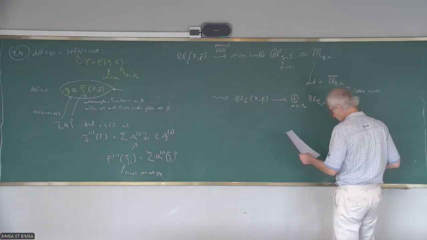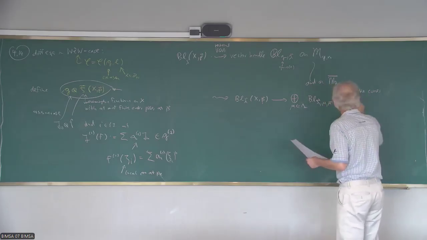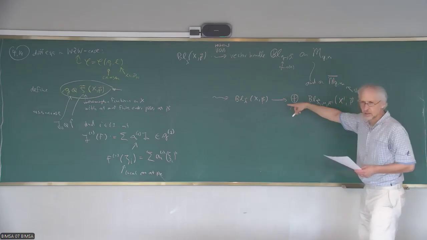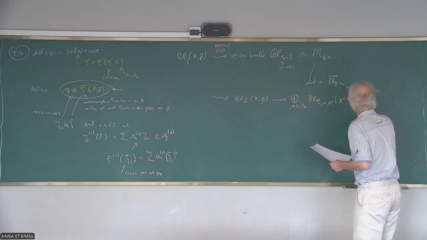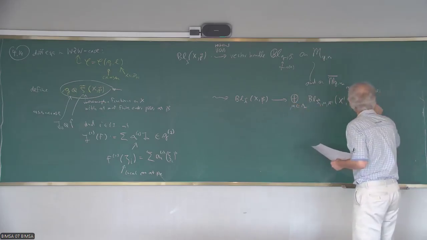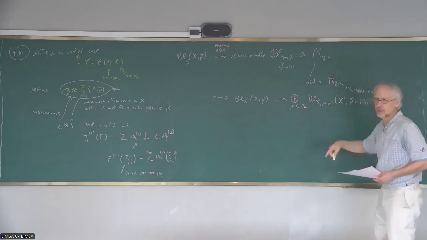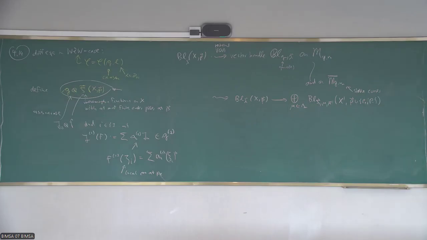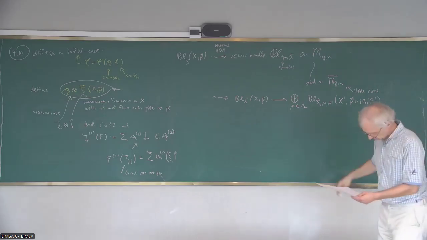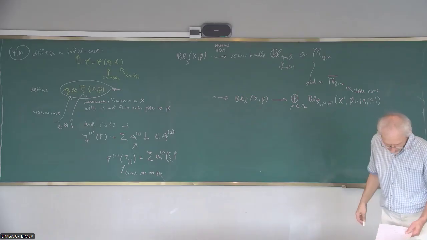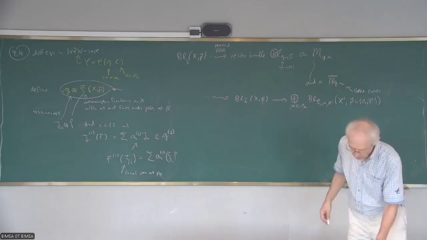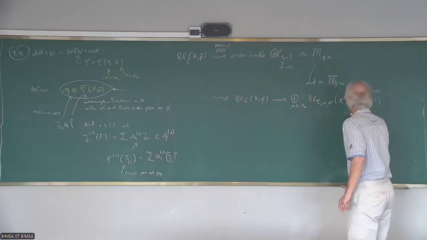So there's an X prime, which has not just the original insertion points, but also, let me call it, P plus and P minus. So these are the 2 points you get from resolving your double point, your singularity. And these are called sewing or factorization maps.